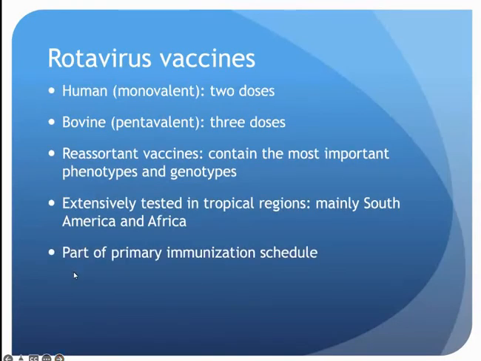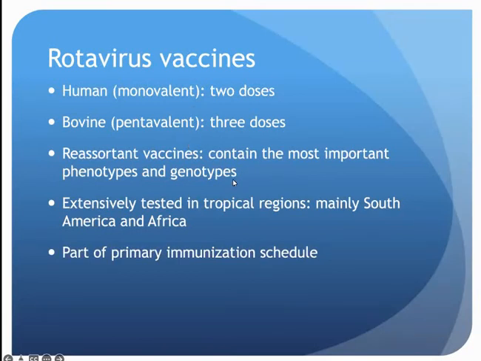Now, rotavirus vaccines have been part of the routine primary immunization schedule across the world for a couple of decades now. We have a number of different types. We have human monovalent vaccines, bovine vaccines, and we did have rhesus vaccines.